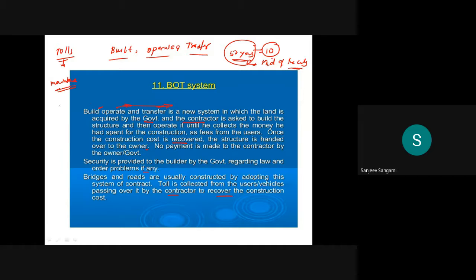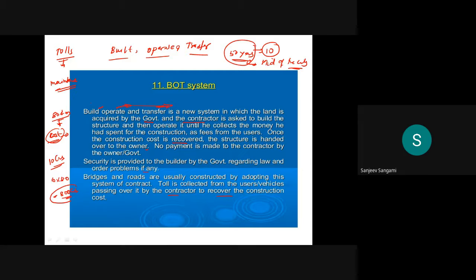For example, assume that from Belgaum to Dharwad it's around 80 kilometers. For these 80 kilometers, what is the estimated cost? Assume that per kilometer it is around 10 crores. So 10 into 80 will be around 800 crores.